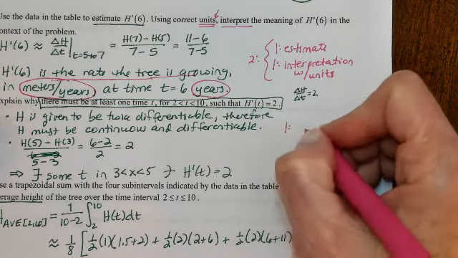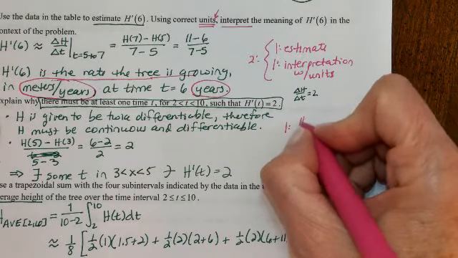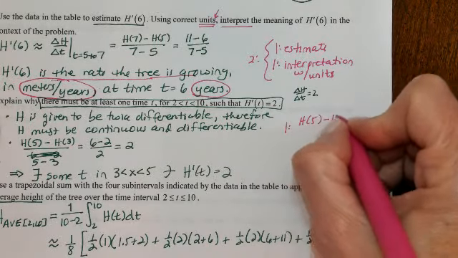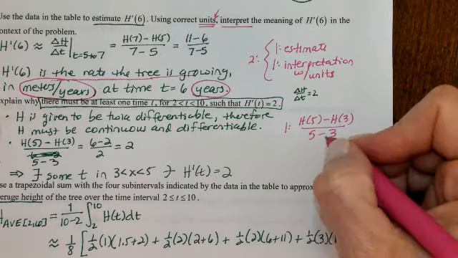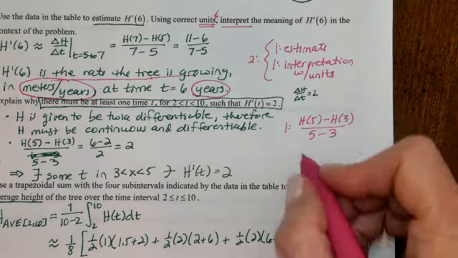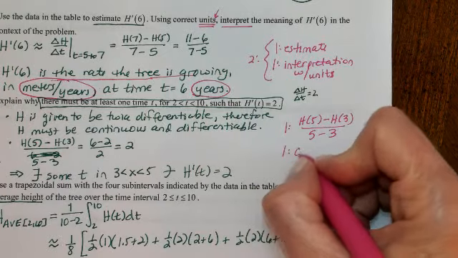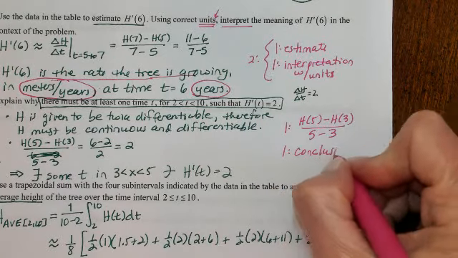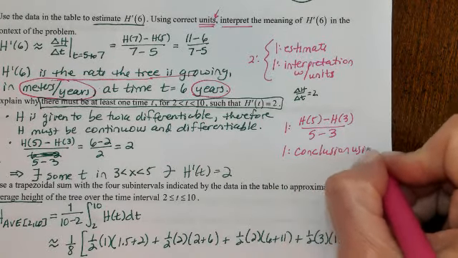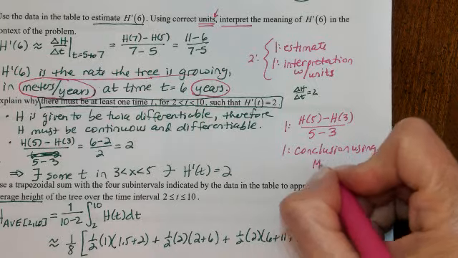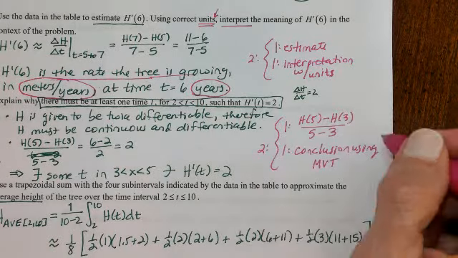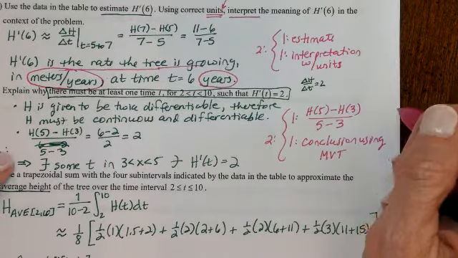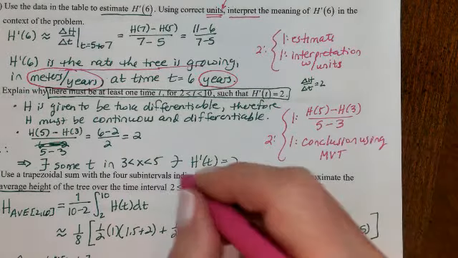Okay, for part B, they gave 1 point for h of 5 minus h of 3 over 5 minus 3. And then they gave 1 point for the conclusion using the mean value theorem. Again, you don't have to say by mean value theorem.